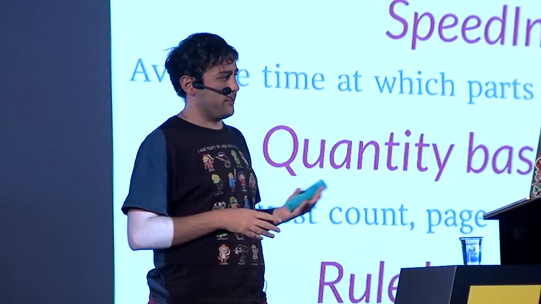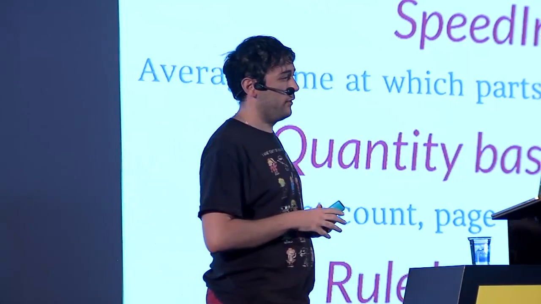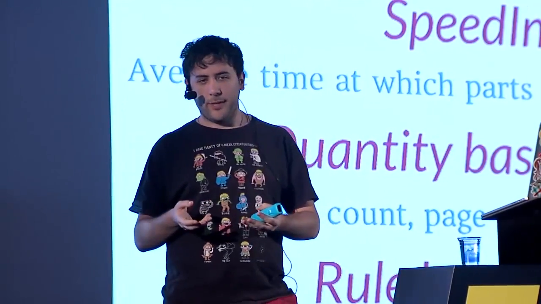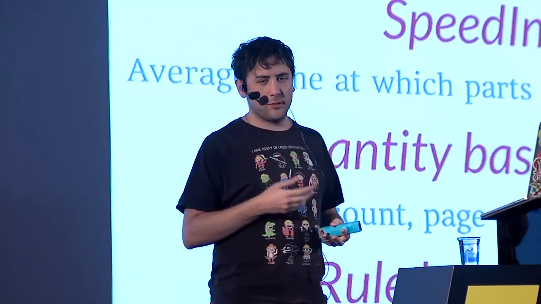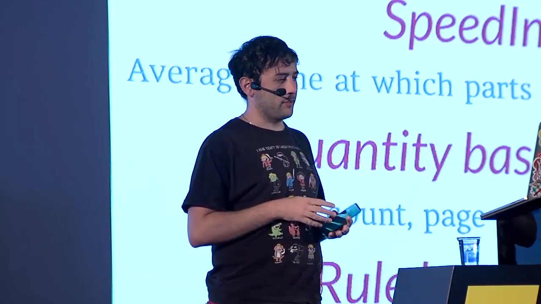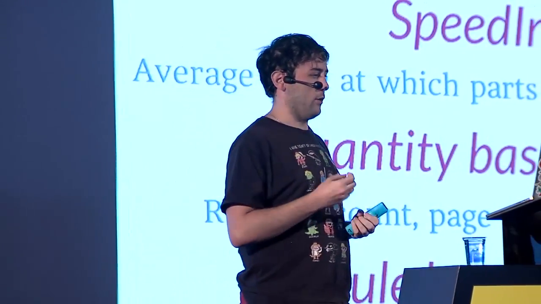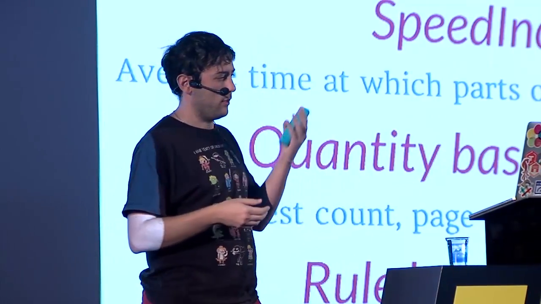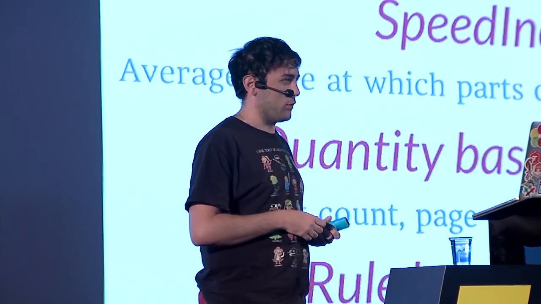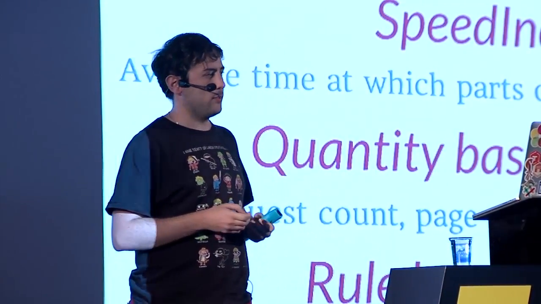The speed index, which is the average time at which the page is loaded. Quantity-based metrics like request counts, page weight, and things like that are really easy to measure. And rule-based metrics like the WebPageTest score and whatnot. Those are also simpler ones.